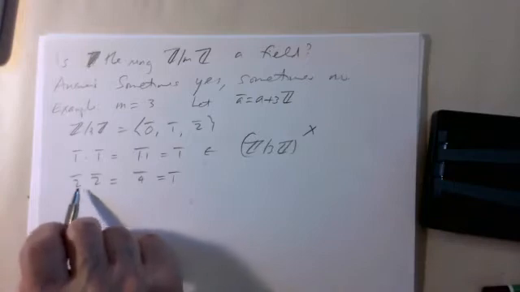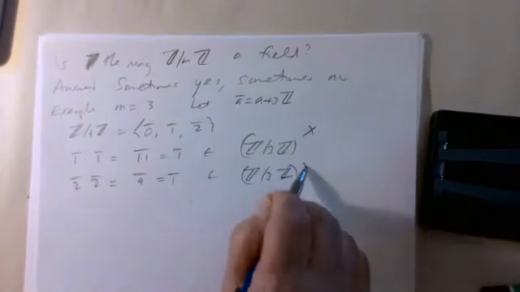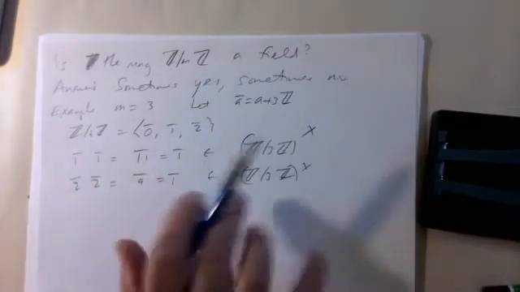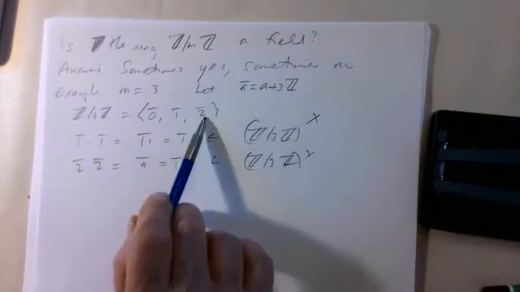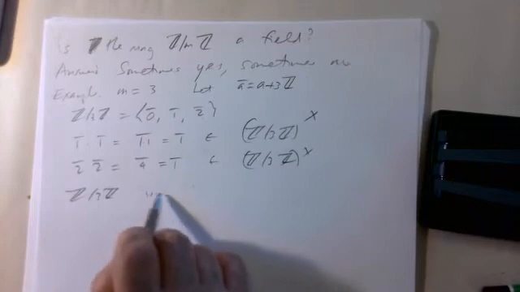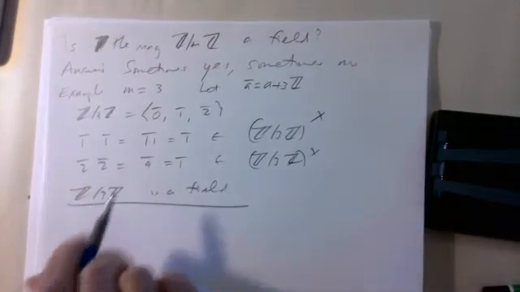So the inverse of 2 is 2. This is also a unit. The 3 congruence classes, the 3 elements in this ring: the 2 non-zero elements are units. So Z mod 3Z is a field. Okay.